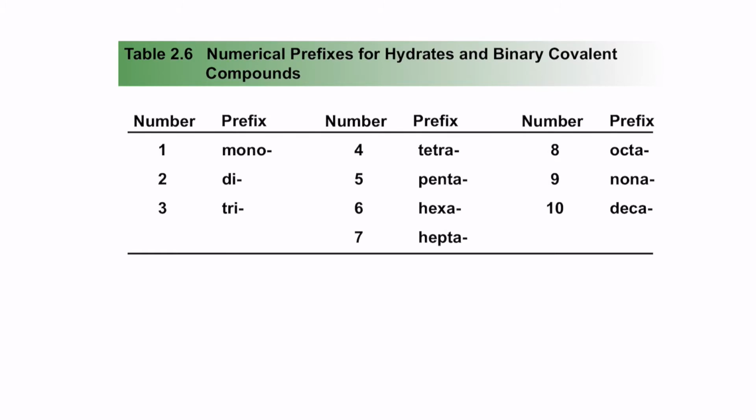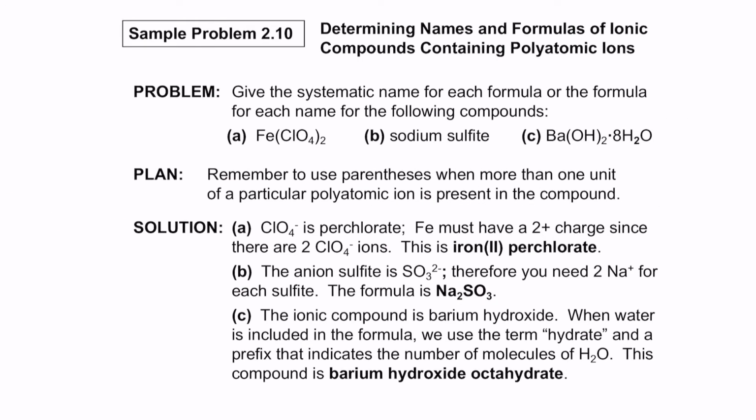And the other names are for hydrated materials. For example, like when you have binary covalent compounds, you end up with more than one. So if you have too many of one of them, these are the prefixes that we end up using to represent the number of those individual hydrates. So let's take a simple example.